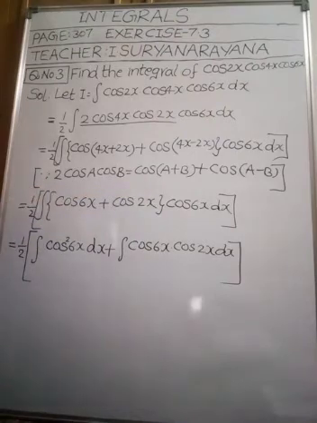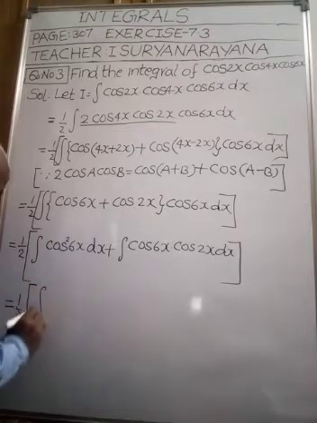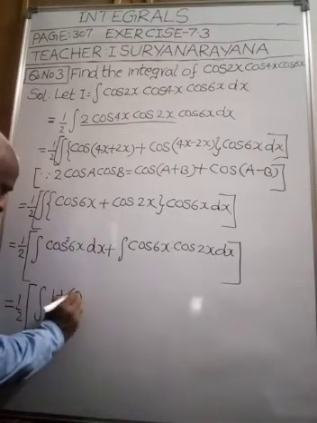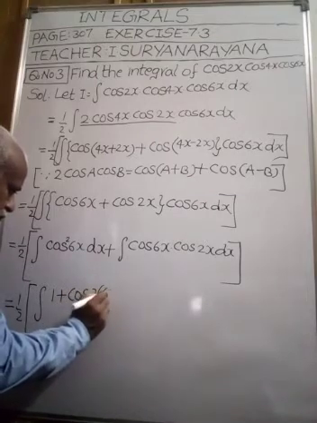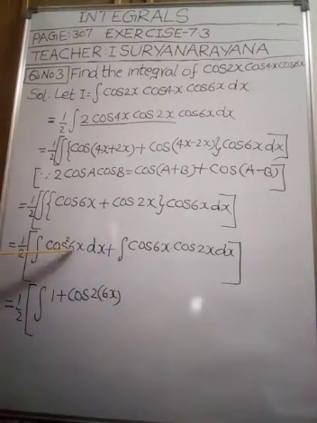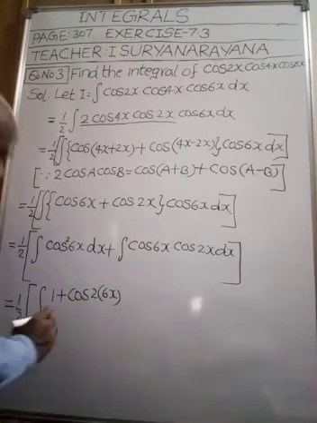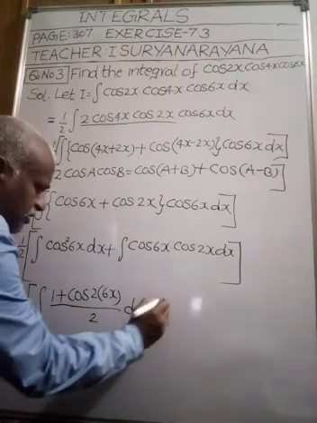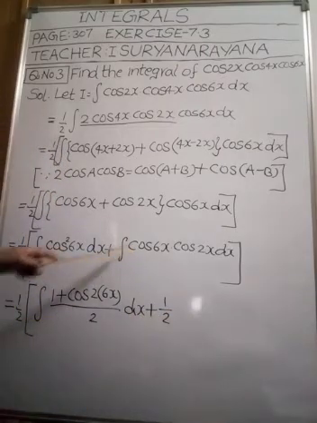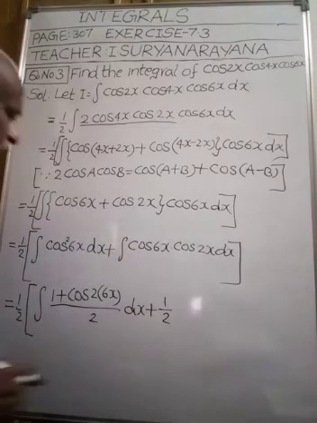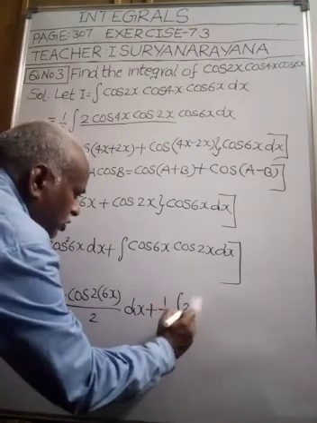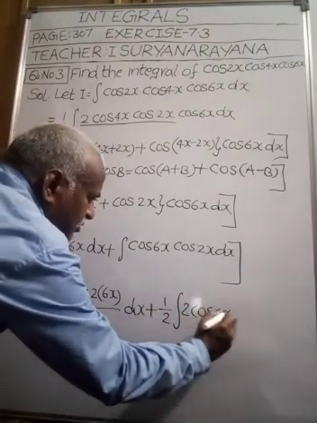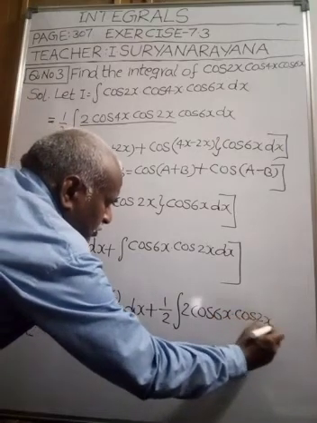Understood, my children? Right. That is equal to 1 by 2 into integral of 1 plus cos of 2a, where a means 6x, whole divided by 2, dx, plus, here I am multiplying and dividing by 2, 1 by 2 integral 2 cos 6x cos 2x dx.